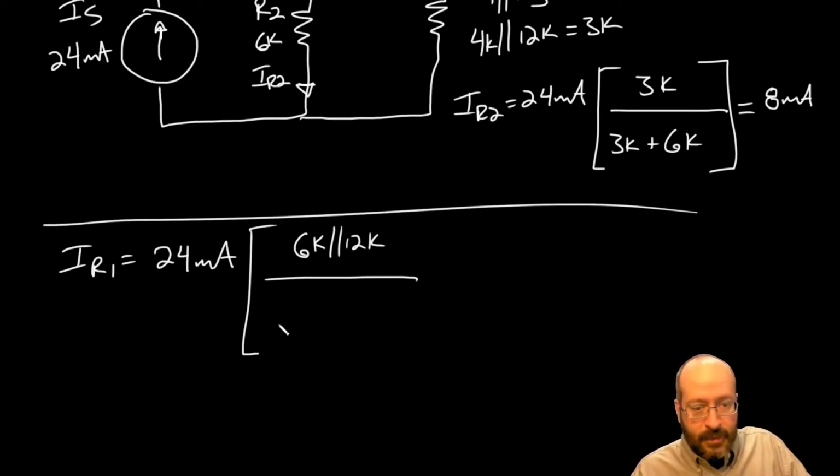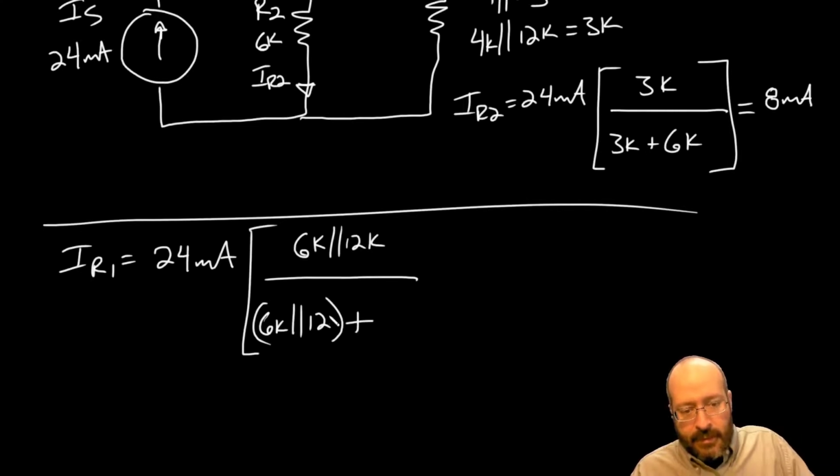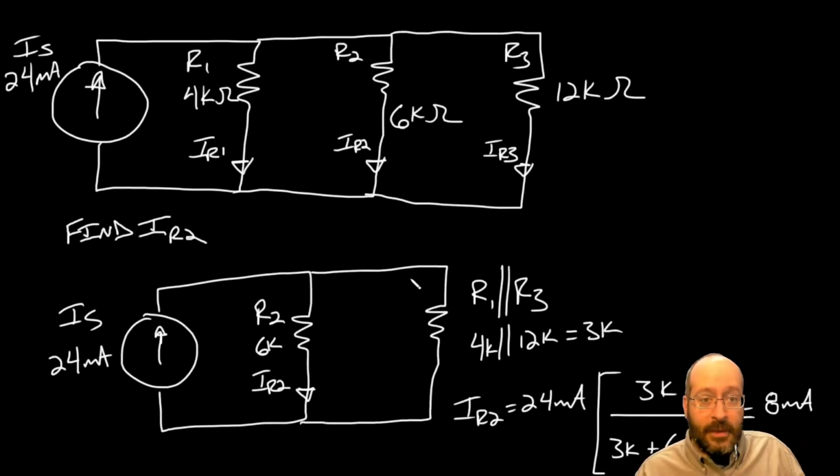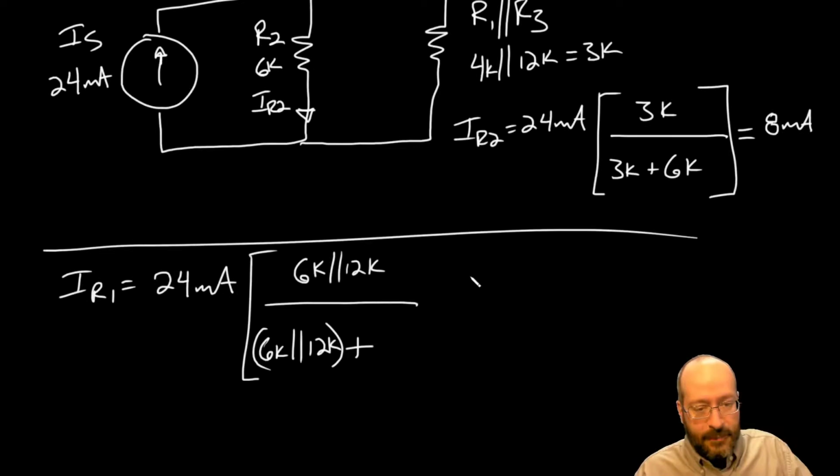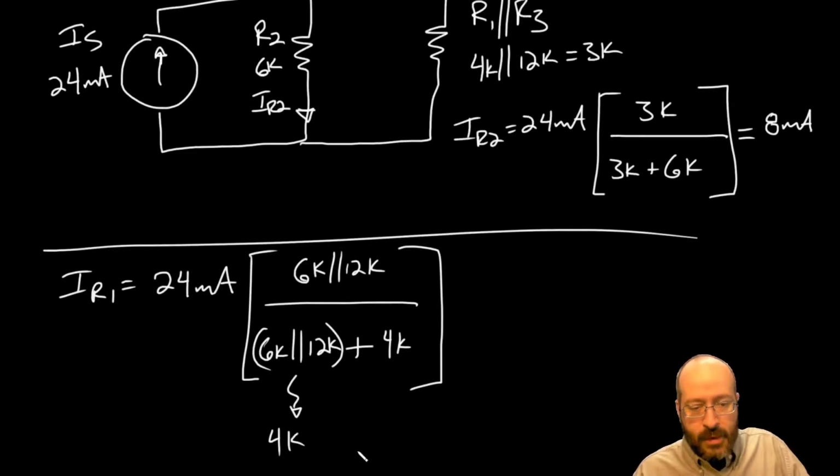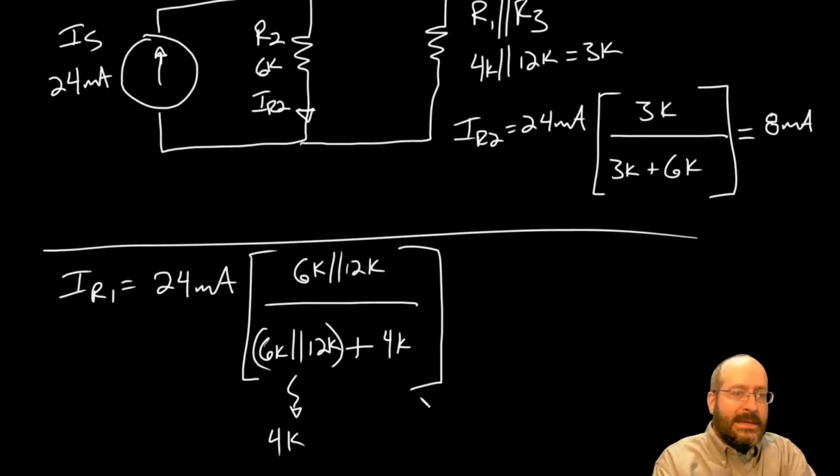And I'm going to divide by 6K in parallel with 12K, okay, plus 4K of that branch. Well, 6K in parallel with 12K is 4K.